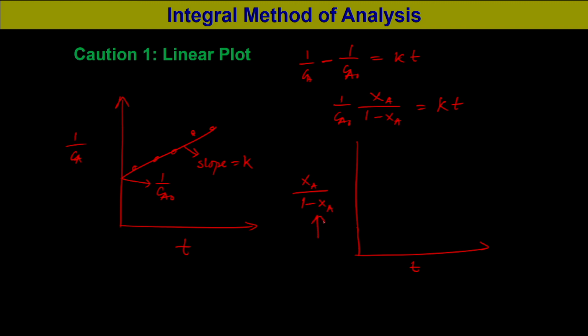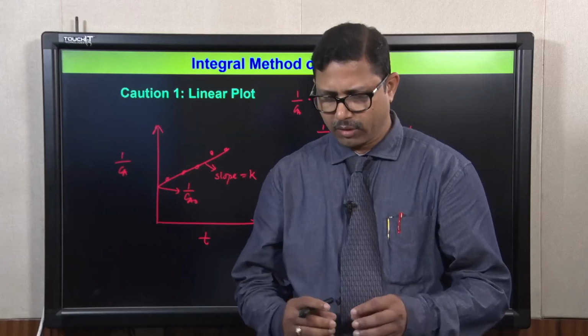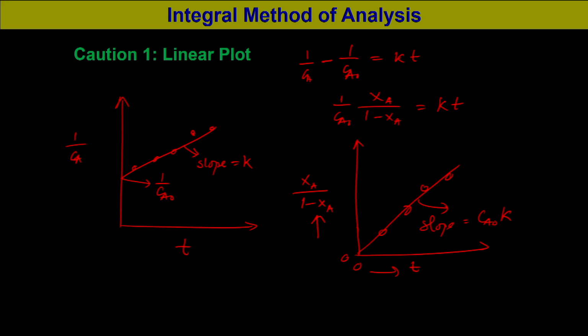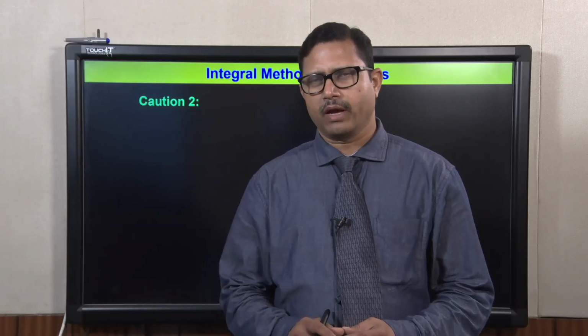So, we will obtain a line passing through the origin, and the slope would be Ca naught into k. So, when we have second order reactions and the reactants are introduced in their stoichiometric amount, we have to treat it differently.